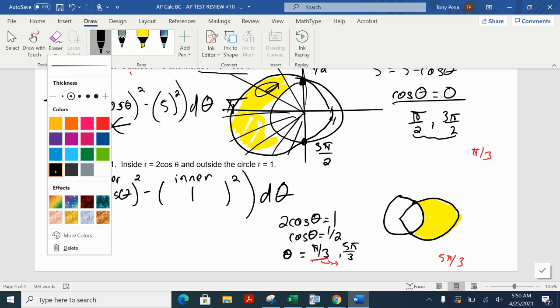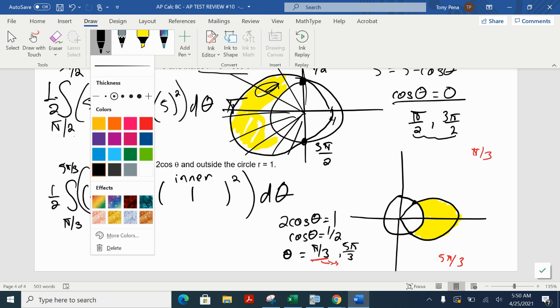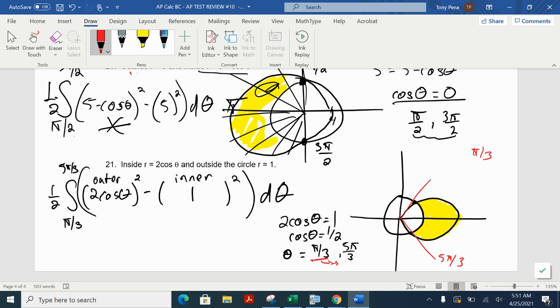Let me put my axes back in here. There we go. That runs from here to here, and we need to go in the correct order. So this is still going to be pi over 3, but we want to rename this 5 pi over 3 as a negative pi over 3.